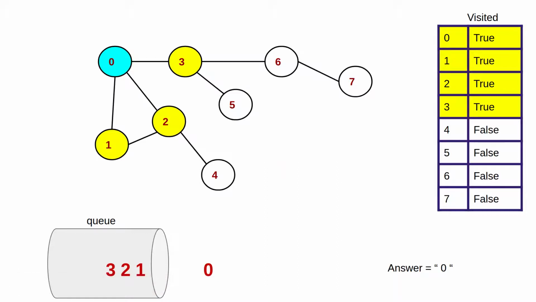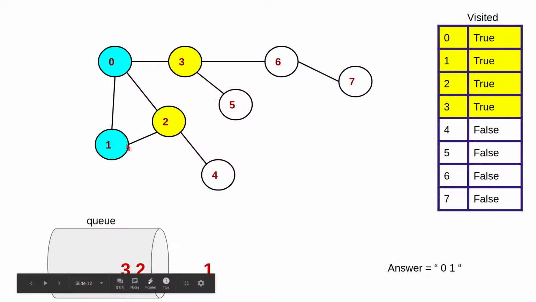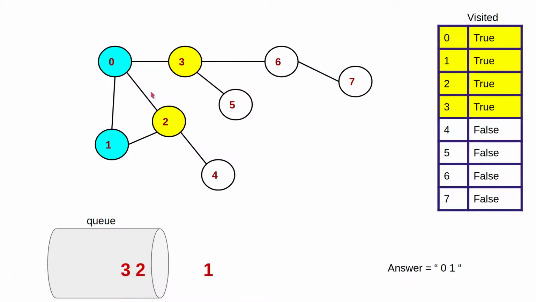Now the queue will get dequeued, that is the first element will pop out, it will get added into the answer and its adjacent nodes will be explored. In case of 1, you can see that 0 and 2 are the adjacent nodes and they are already visited, so they won't get added into the queue.